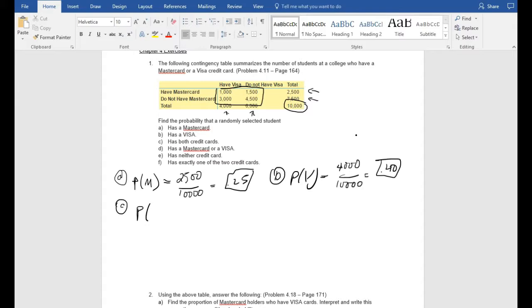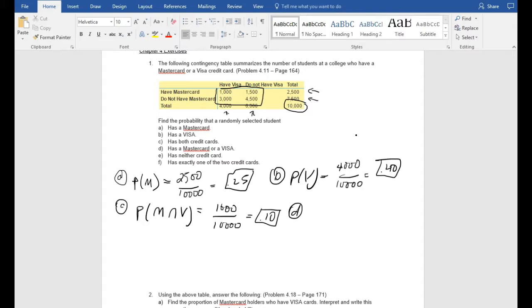That's going to be the probability of M and V, equal to the number of students that have both. We look up here in the contingency table, and we see that the intersection of having a MasterCard and having a Visa is 1,000. So 0.10.